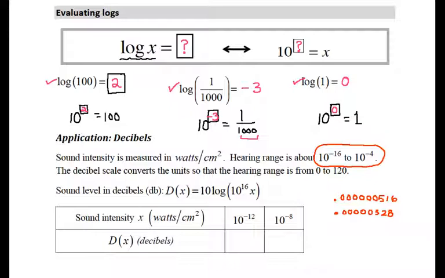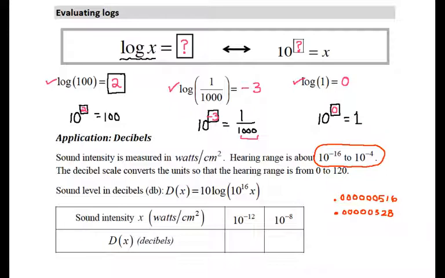What the log allows us to do is to just look at essentially what the exponent is on that 10, so that we can get a little bit more of a sense of what these numbers are. We humans do really well on scales that go approximately from 0 to 100. So if we can take a normal range and somehow apply a mathematical function that will spread that range out over 0 to 100, then we do much better with it.